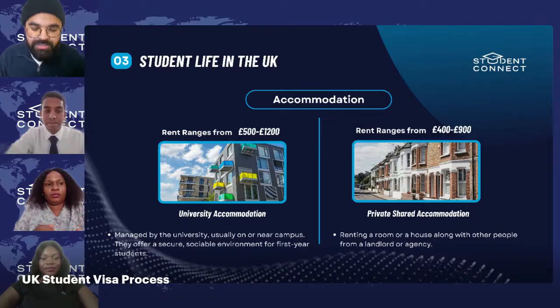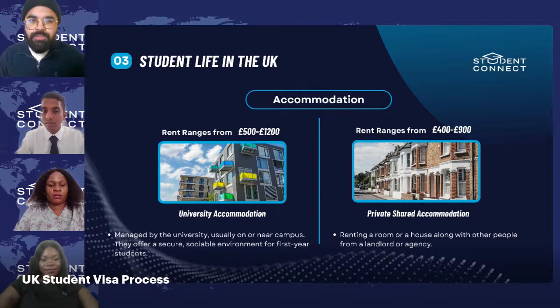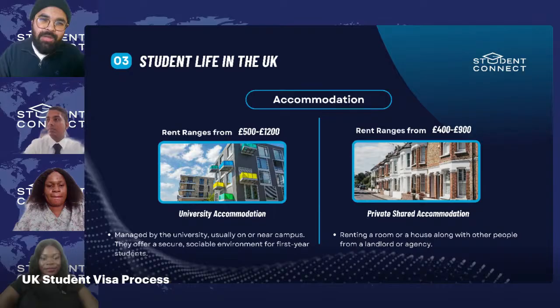Before renting, make sure you verify who else is staying there and verify with the landlord as well. Usually this shared accommodation rent is a bit low compared to university accommodation. It ranges from £400 to £900 depending on which city or area you're living in.